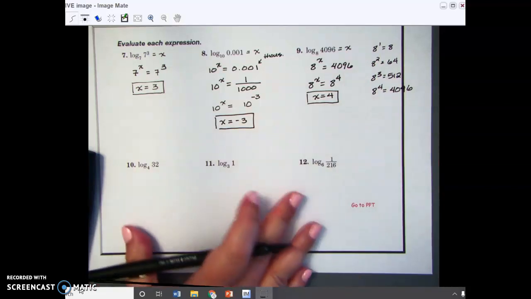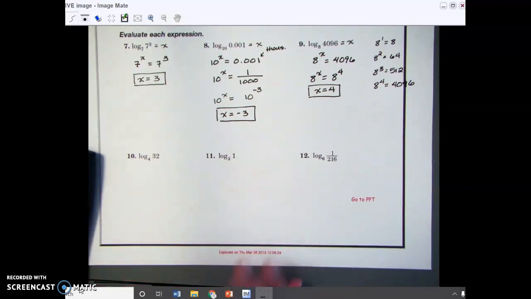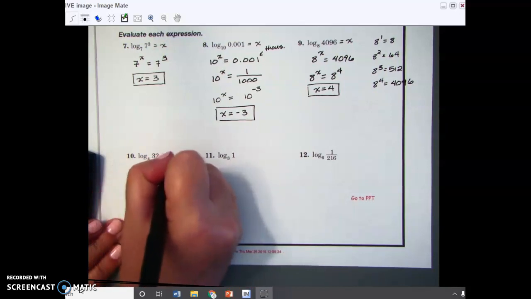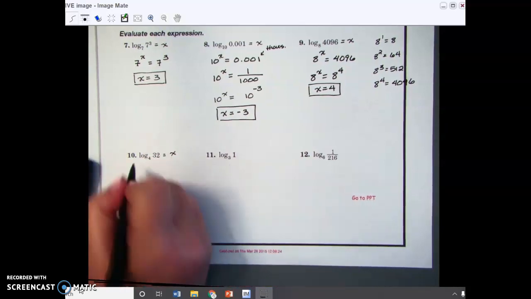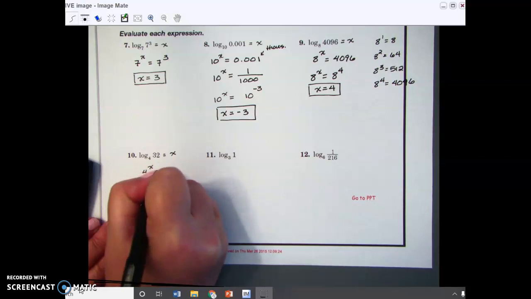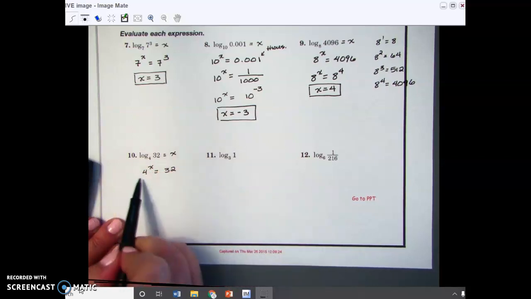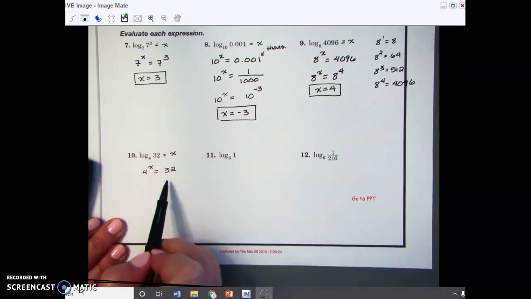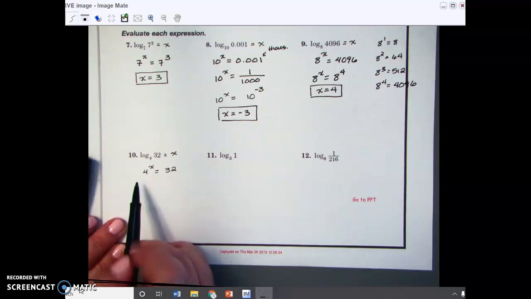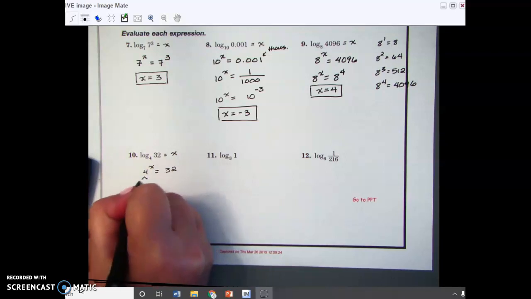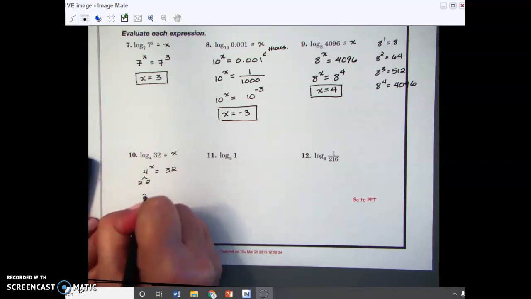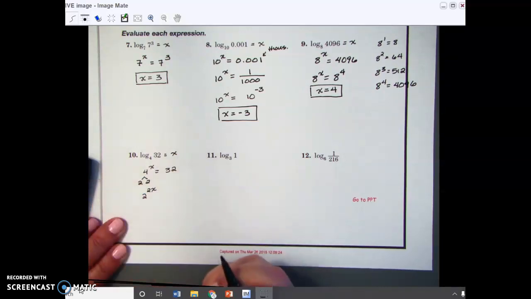All right. So then if we take a look at question number 10, we have, setting this equal to x, putting this in exponential form would tell me 4 to the x is equal to 32. Now, even though 4 goes into 32, it doesn't mean that I can get them to be the same base with a base of 4. But I do notice that 4 is 2 times 2, so that I've got 2 to the 2x power here.